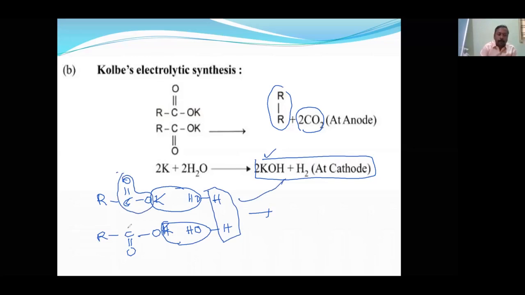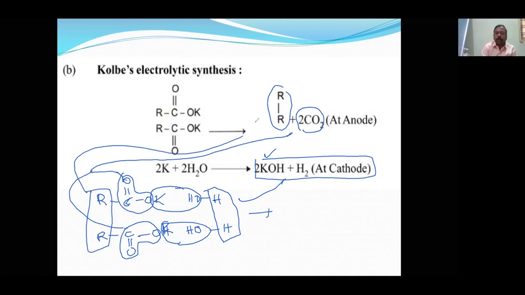See, this is one CO2, this is another CO2. So these are the two CO2 products. And this will be the 2 moles of R. So this is how you will remember the memory trick, a memory trick to remember all products. Not one product, all products you can remember.